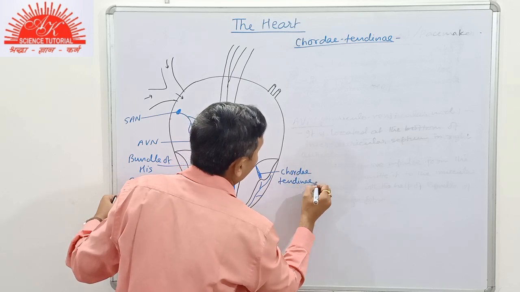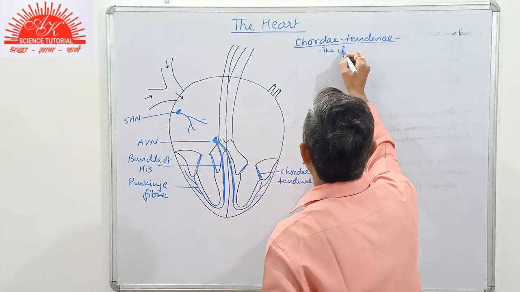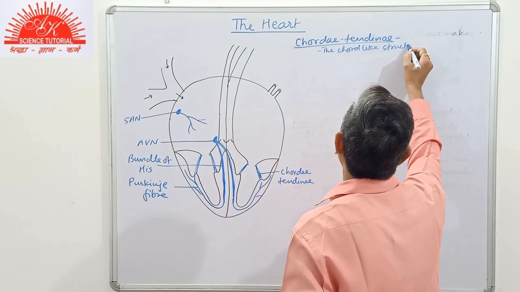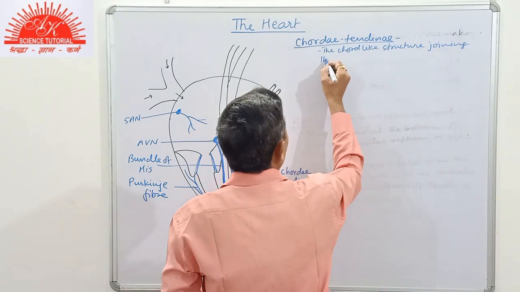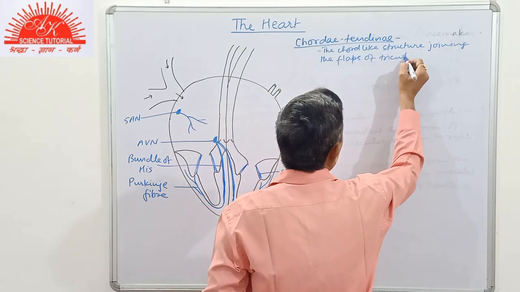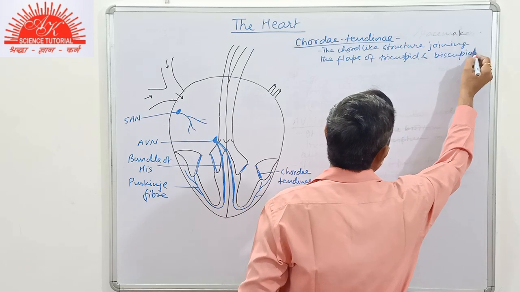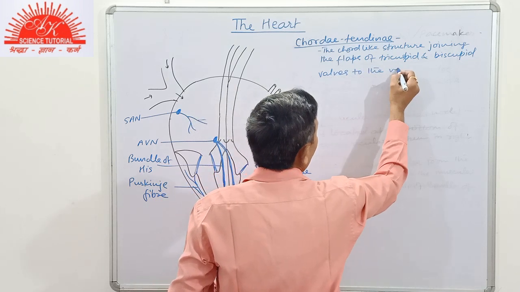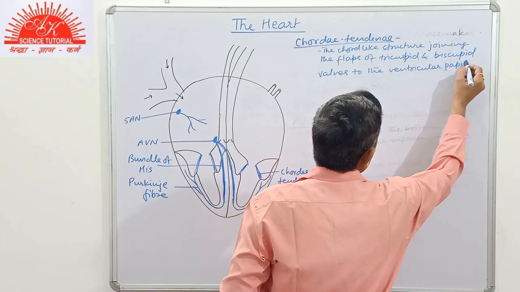So this is the cord-like structure joining the flaps of tricuspid and bicuspid valves to the ventricular papilla.